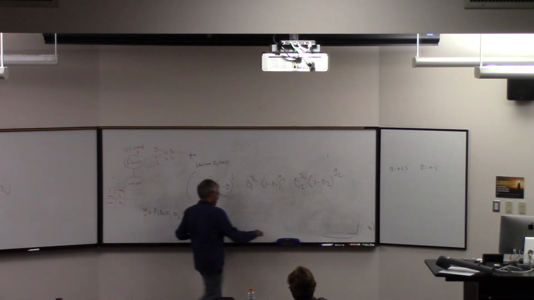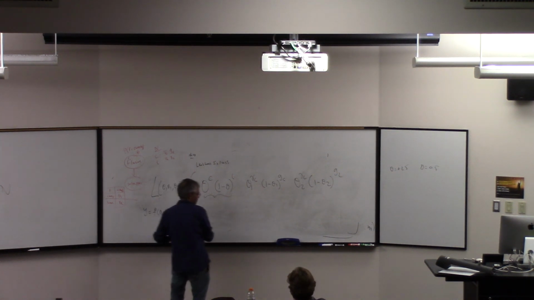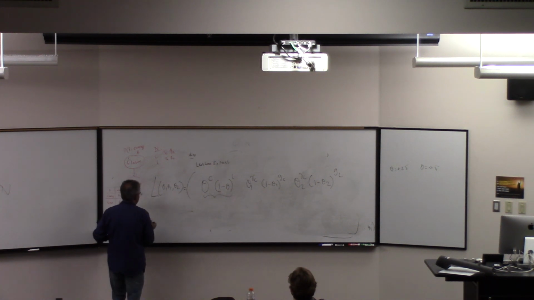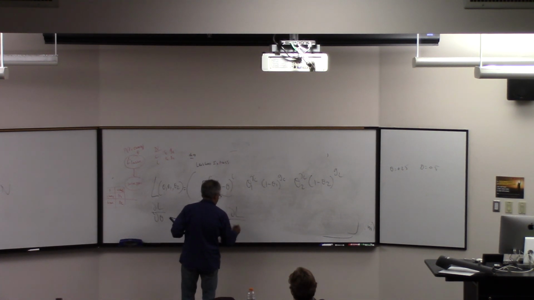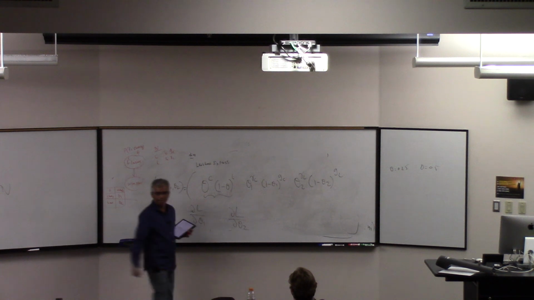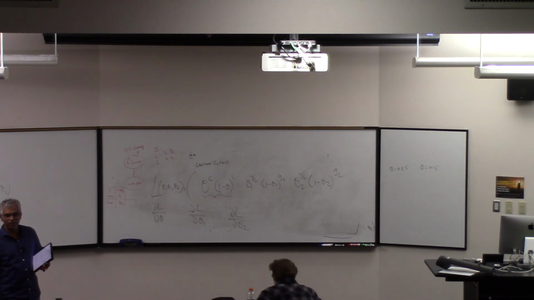So if I call this likelihood, this is the likelihood of theta, theta 1, theta 2, and I can take the partial derivative of dou L by dou theta, dou L by dou theta 1, dou L by dou theta 2. Compute each of them and equate them to 0.